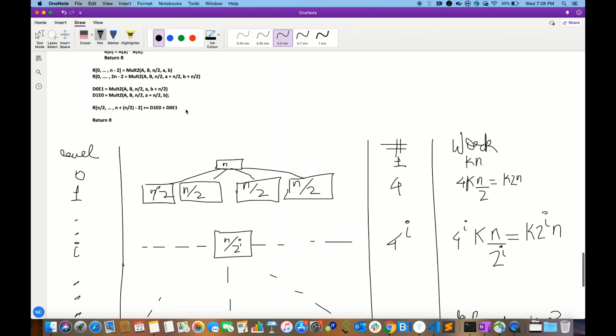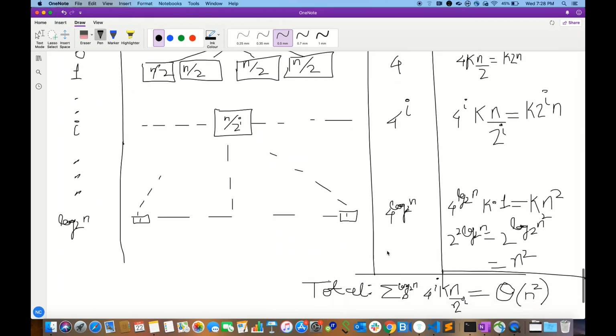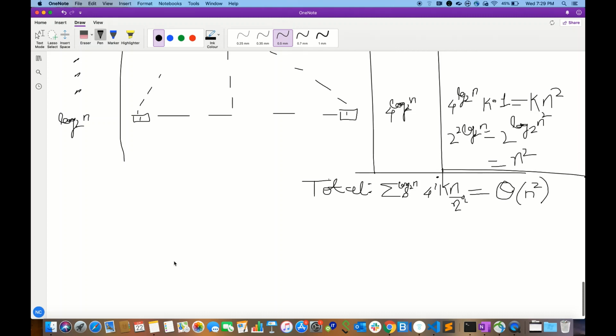As we can see, it needs 4 multiplications: d1 e1, d1 e0, d0 e1, and d0 e0, and they can be rearranged in order to get the resulting multiplication polynomial. The Karatsuba approach shows that instead of 4 it can be reduced to 3 multiplications.